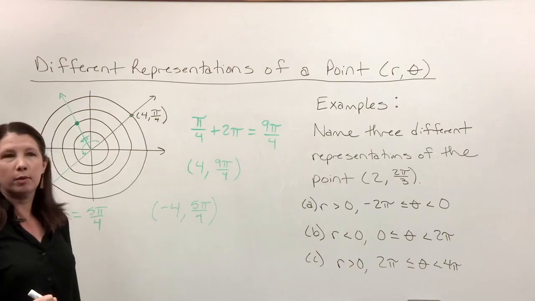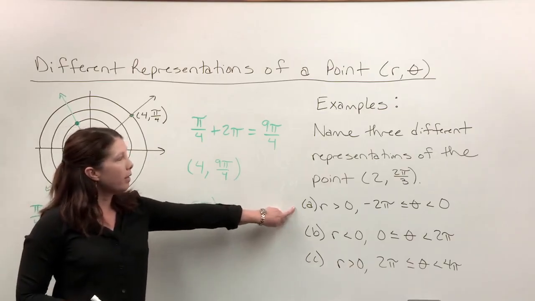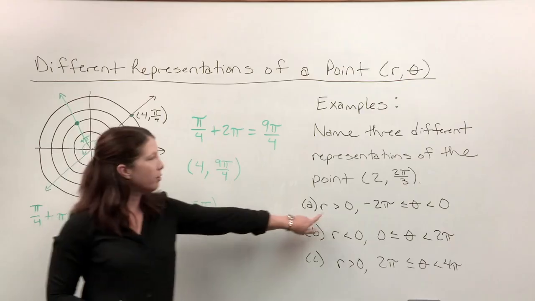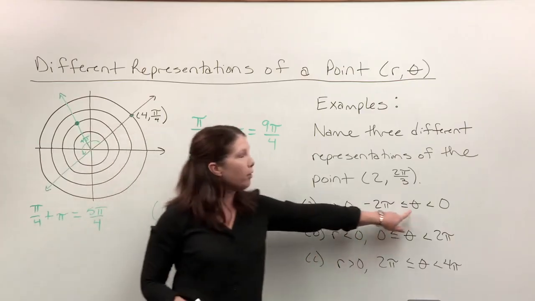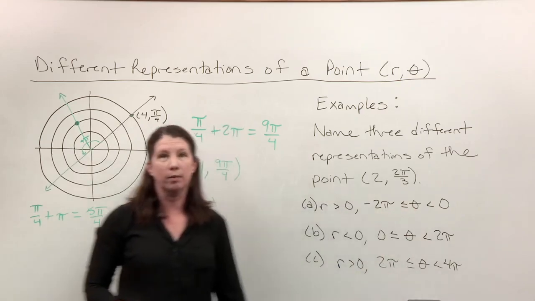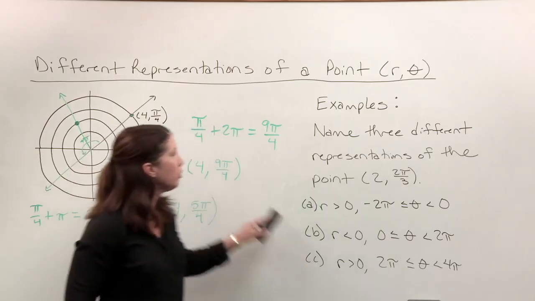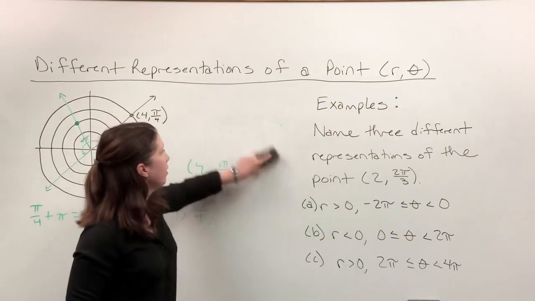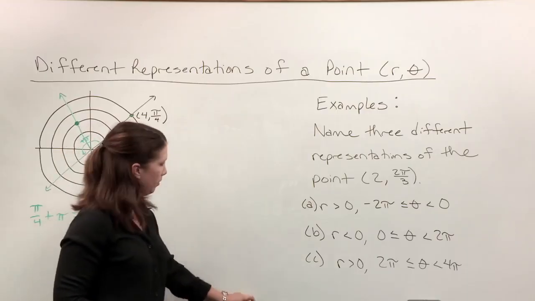In the earlier examples. In our example, the first one that we're asked to find, we're asked to represent it using a value of r that is positive, but a value of theta that lies between -2 pi and 0. So to do that, I need to find an angle that's coterminal to 2 pi over 3, but has a negative value.